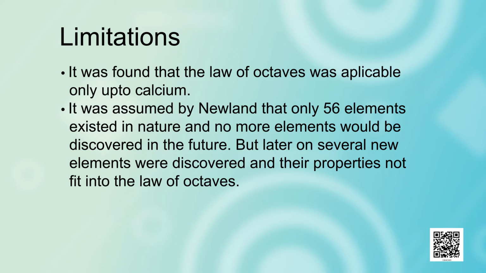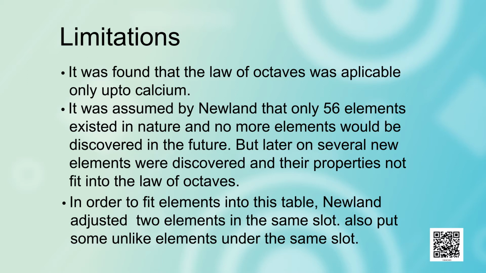But later on, several new elements were discovered and their properties did not fit into the law of octaves. Third limitation of Newlands was that in order to fit elements into his table, Newlands adjusted two elements in the same slot. Also, he put some unlike elements under the same slot.